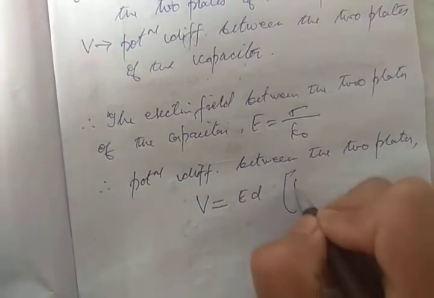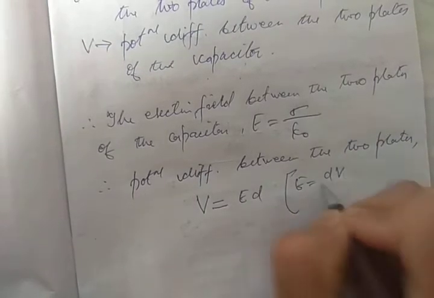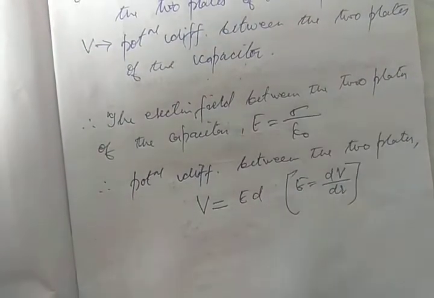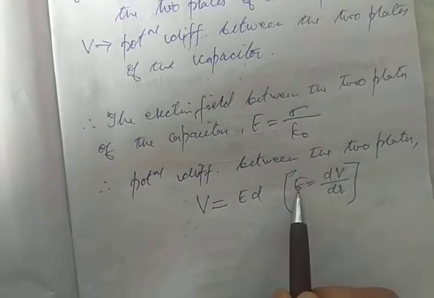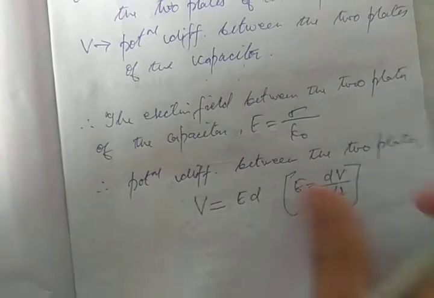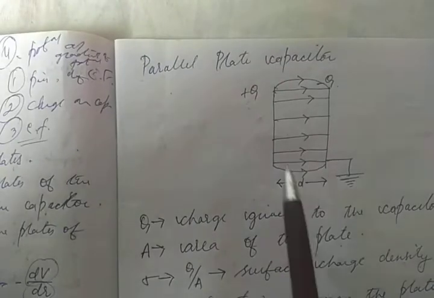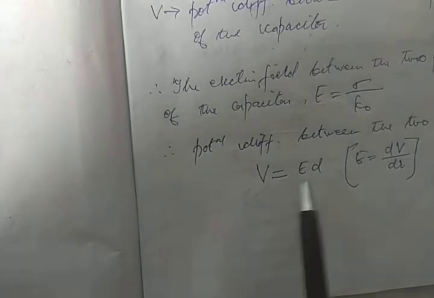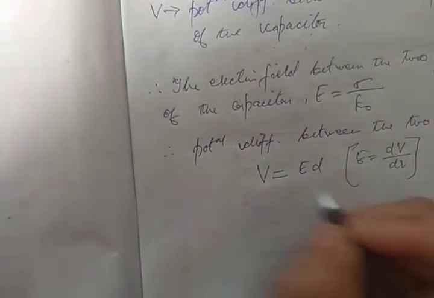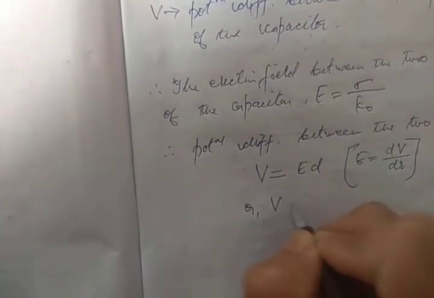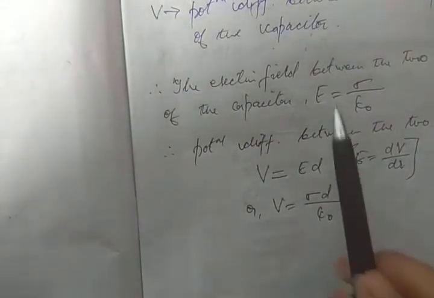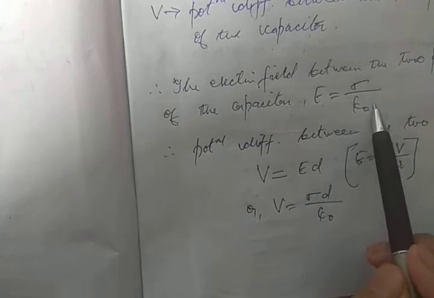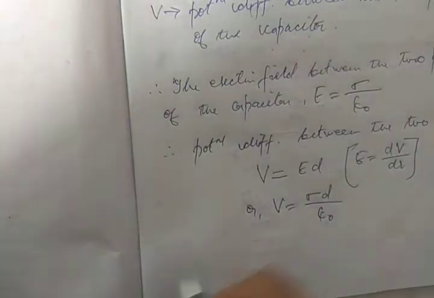Because basically we know E is the gradient of the potential. So potential will basically be the electric field into the separation. Since the separation between the two plates is D, the potential difference between the two plates of the capacitor will be E into D. I can also rewrite this as V is equal to sigma D by epsilon naught, because E is sigma by epsilon naught. So substituting for E, we get this.